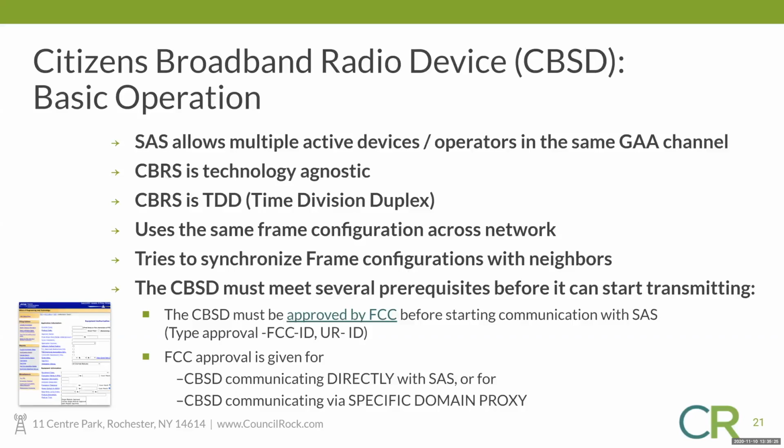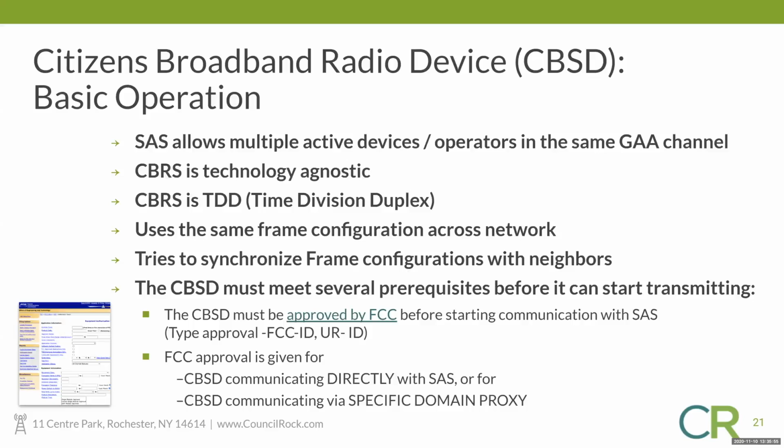So the CBSD must be approved by the FCC before starting communication with the SAS. And that means that it must comply with all of Part 96 rules. But also it needs to be tested and approved by the FCC for communicating directly with the SAS or communicating via domain proxy to the SAS.